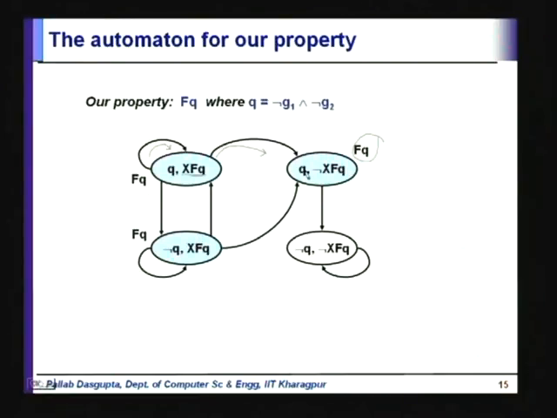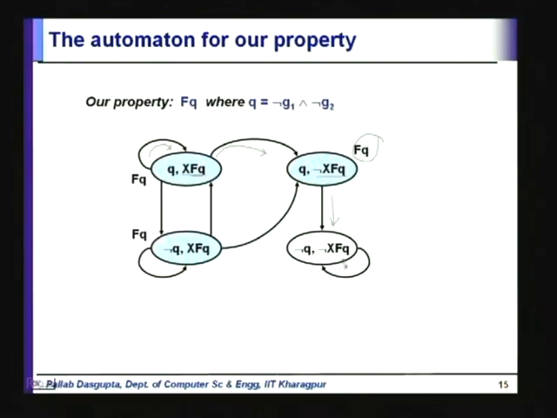Now, look at this one. This has XFQ, this has FQ, so we put this edge, but there is no edge from here to here. Why? Because this has not XFQ. So, we should not have an edge from here to a state which satisfies FQ. We should have edges from here to states which satisfy not FQ, and which is the state which satisfies not FQ? This one. So, that is why we have this edge, but we do not have edges from this one to any of these two, right.